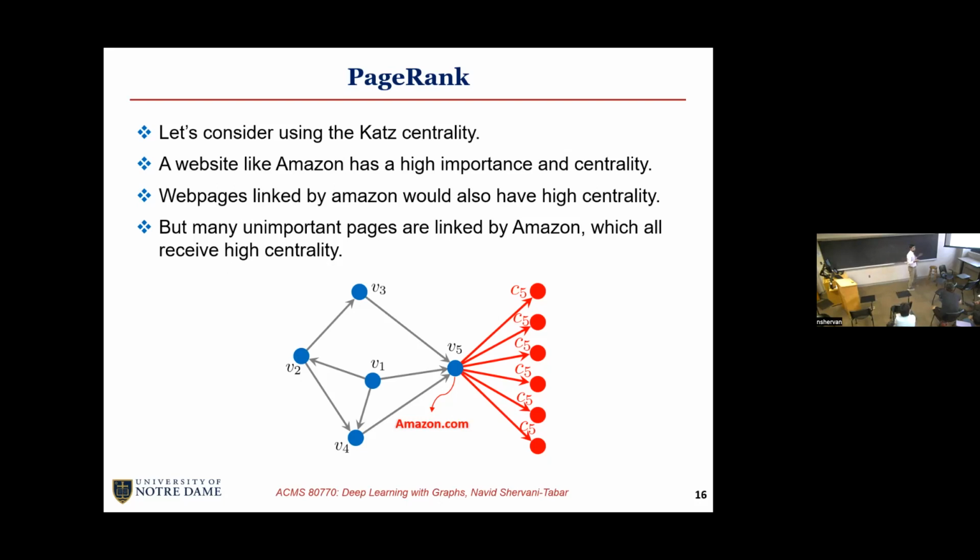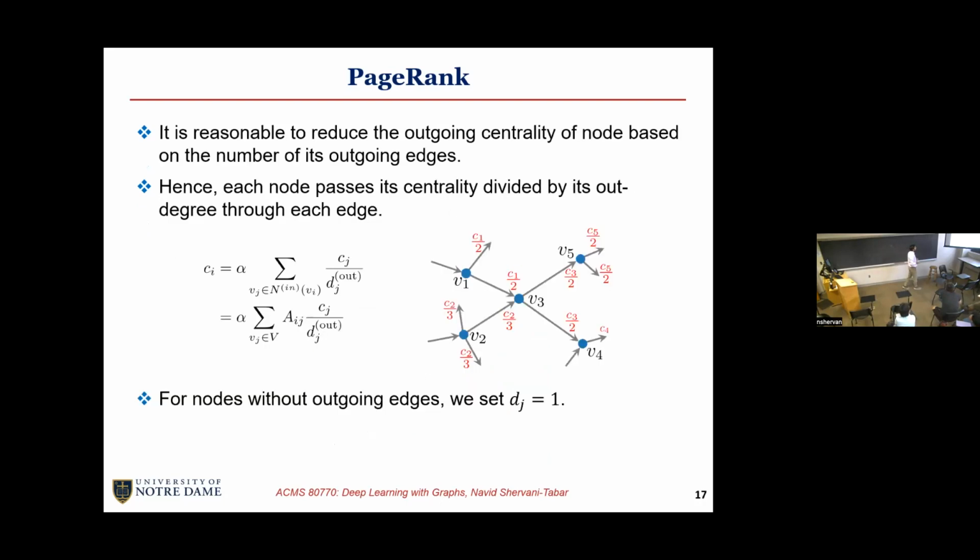If we want to look at web pages, it's not a fair measure to say everyone that was linked by Amazon is high in centrality. So a remedy for that is to say that we need to dilute this centrality that is being inherited from the node that points at each of those small websites.